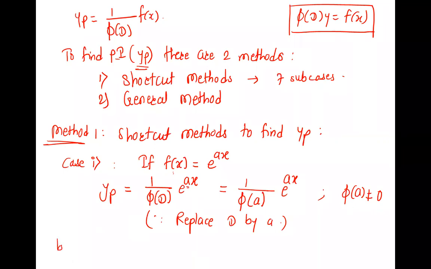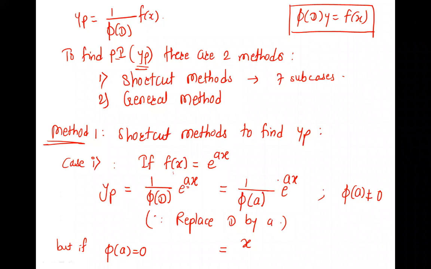But if this is 0, it can happen, we saw. Then what we have to do is, again pay attention everyone. If this is 0, then what we do here is, to this term we have to multiply by the independent variable. What is the independent variable here? Y is in terms of x, a function of x, so the independent variable is x.